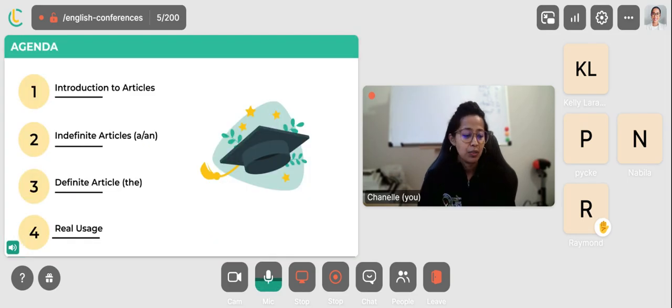We will look at 4 parts in today's conference. We are going to look at the introduction to articles, the indefinite articles a or an, the definite article the, and its real usage.